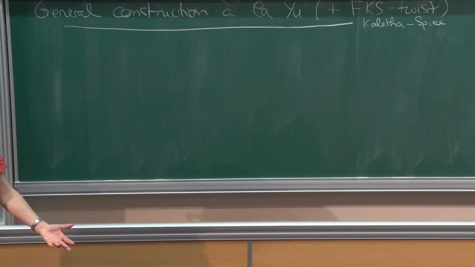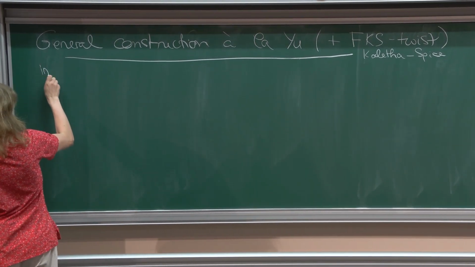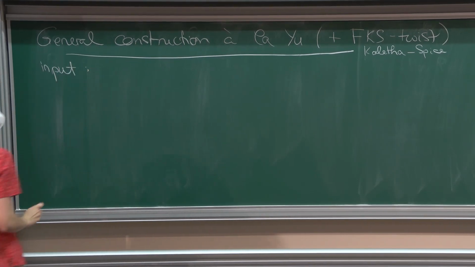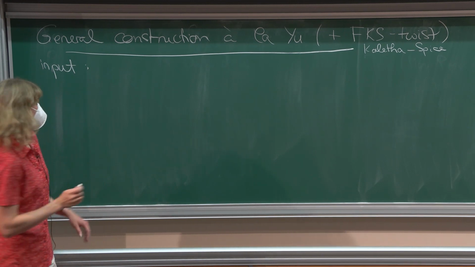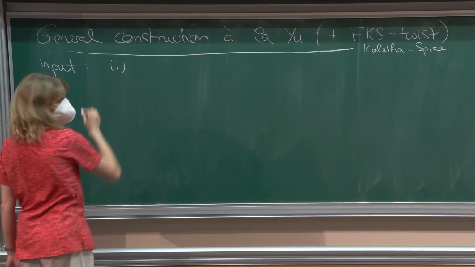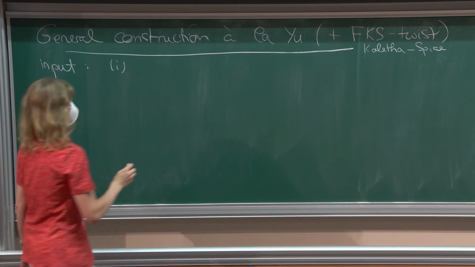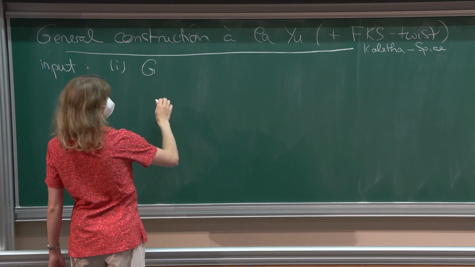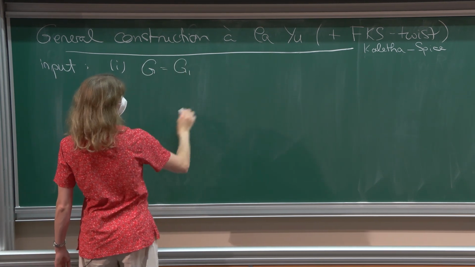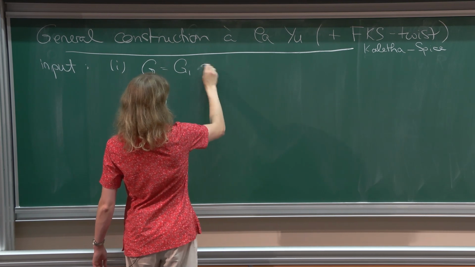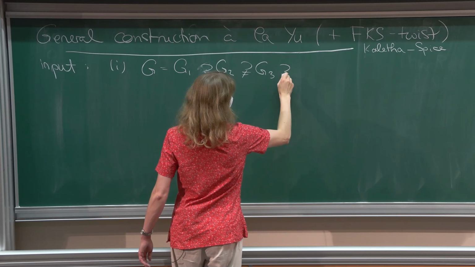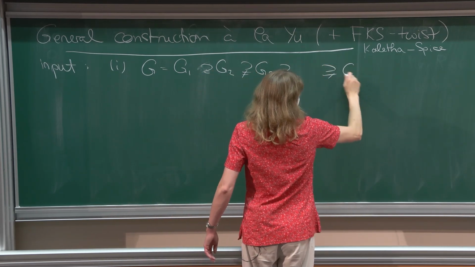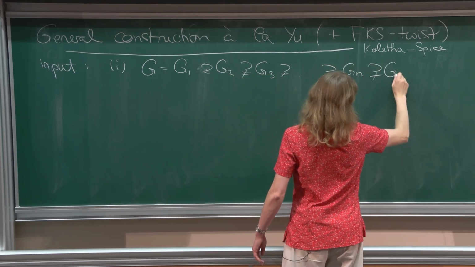The input for the general construction is the following. It's a tuple consisting of 5 things. The first thing is a sequence of twisted Levi subgroups. So we have our group G, and that contains a smaller group G2, a smaller group G3, and so on up to Gn, and the last one I call Gn plus 1.